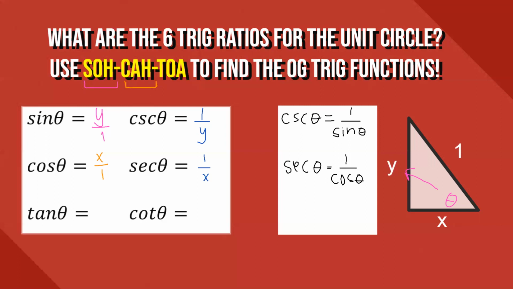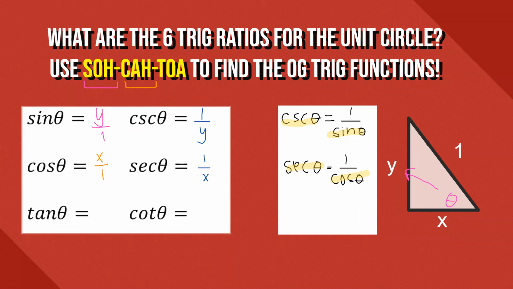And that kind of makes sense because if we think back to how we defined reciprocal functions, we said that cosecant and sine were reciprocal. So cosecant is defined as 1 over sine. Same thing, secant and cosine were reciprocal. So secant is 1 over cosine. What about the last one? Let's use the TOA part.